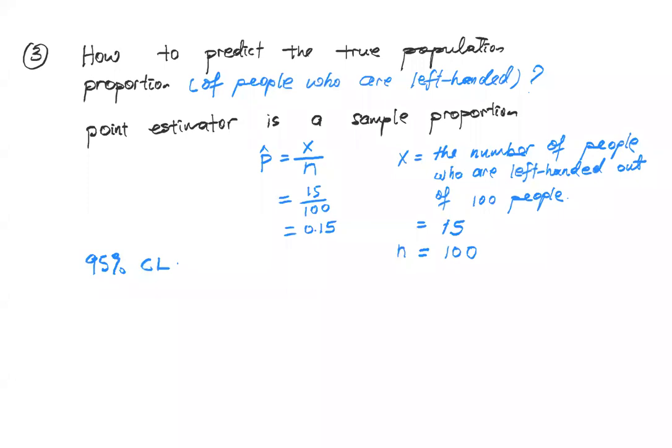So still remember what is the corresponding Z-score for 95%? So now if I draw this sample proportion distribution, it will be normally distributed. So our point estimator, the p hat, will be the middle, and this is equal to 0.15.